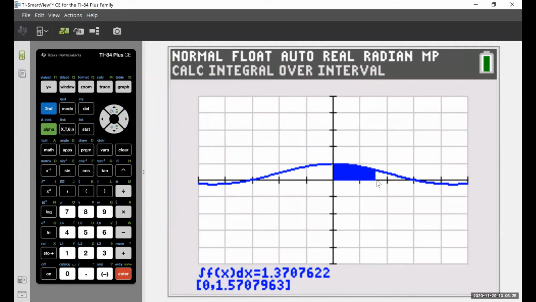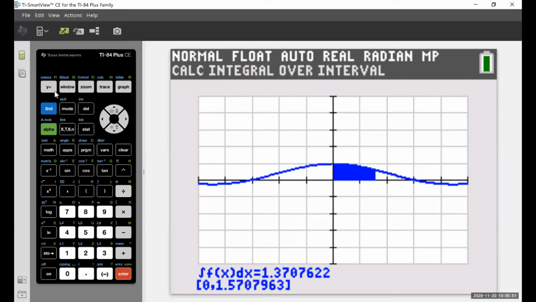If I want to write this up to 4 decimal places, it should be 1.3708, because the digit after the fourth decimal place is bigger than 5, so it rounds up. That's part C.